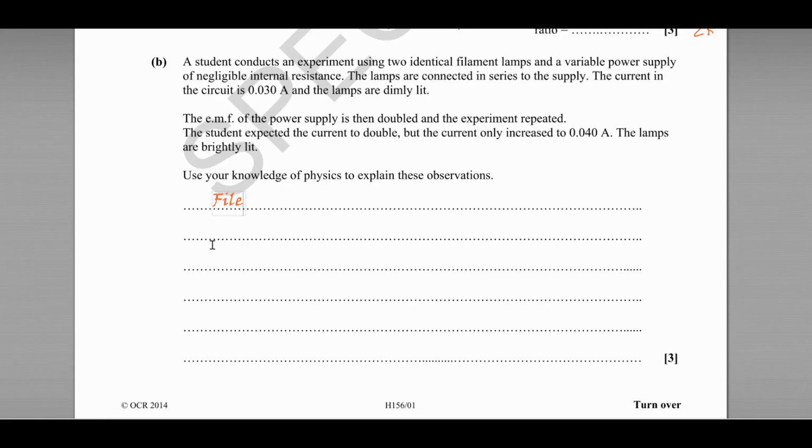Well, the first thing we should recall is that filament lamps are non-ohmic. They do not have a constant resistance.